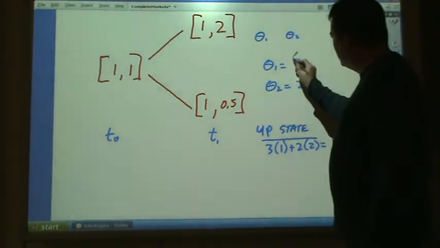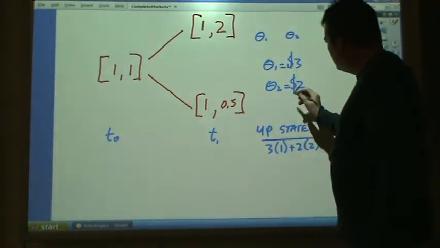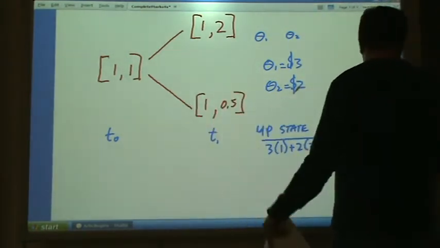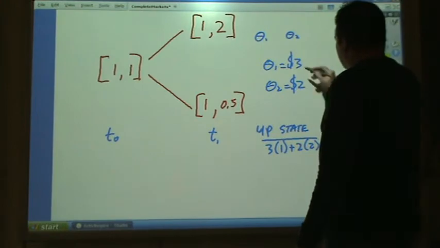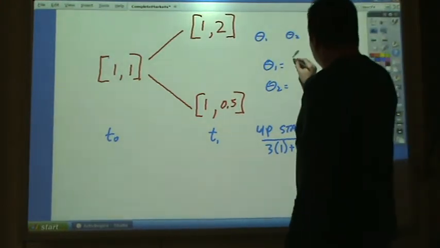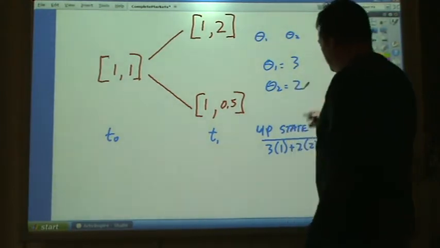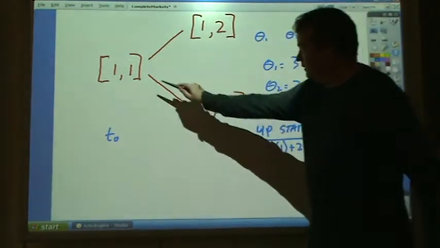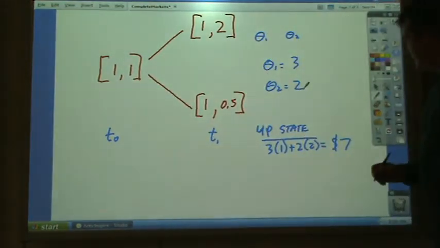If these were dollars... no, sorry, these are units, these are dollars. Let me get rid of that. This is 3 units and 2 units. And this is currently $1, it goes to $1. $1 becomes $2.